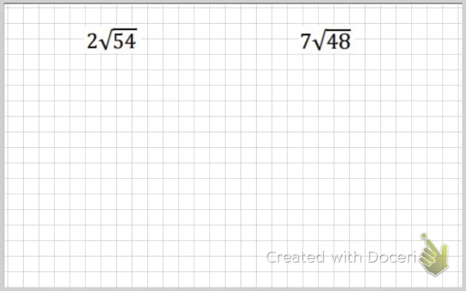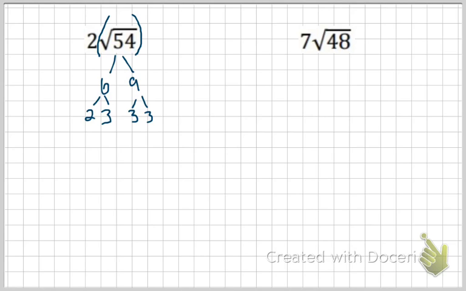Next example. If you notice, there is a coefficient. There is a number in front of the radical. So what I'm going to do is put parentheses around it, so I can focus on the radical 54. That means we're going to need to break down the 54. I'm going to use 6 and 9. So 6 and 9, 3 and 3, 2 and 3.